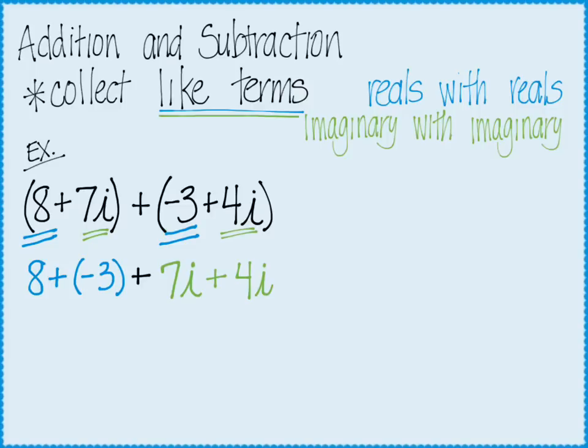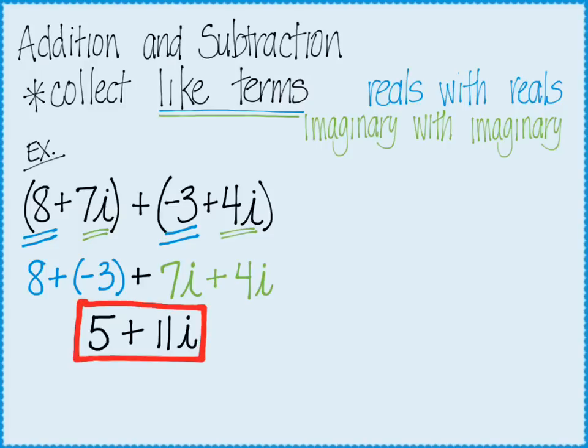Well, 8 plus -3 is 5, and 7i plus 4i is 11i. So I have 5 and 11i, and this is one complex number. Even though you see a 5 and an 11, it's one number: 5 plus 11i.